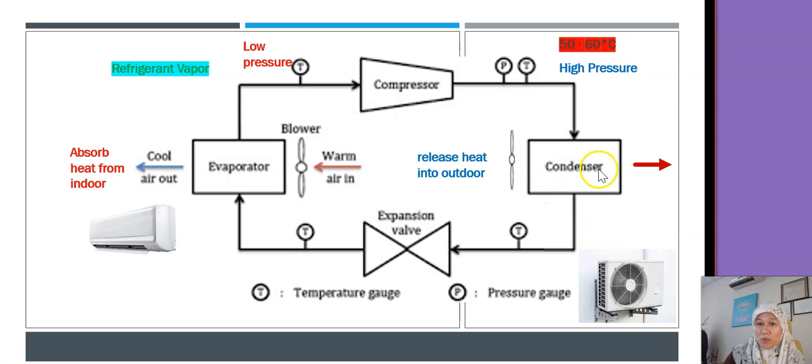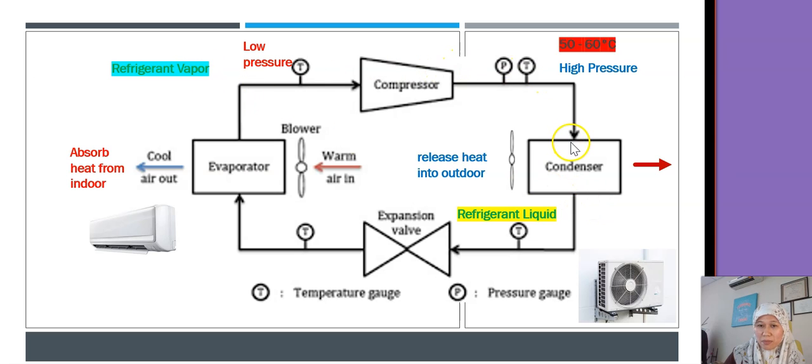So what does the vapor refrigerant do at this part, in the condenser? There's a blower and the refrigerant will release the heat outdoors. So you can feel the heat coming out from the fan here. The refrigerant will turn into liquid after it goes into the condenser.